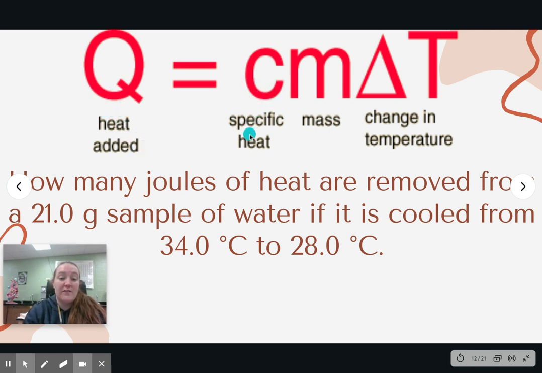You have your specific heat. You're going to have to be given that. And for water, it's 4.18. And you'd be given that in your problems. Your mass, again, you're given that. And your change in temperature. When we want to find a change in a math class, we have to subtract it, right? That's what we're going to do.